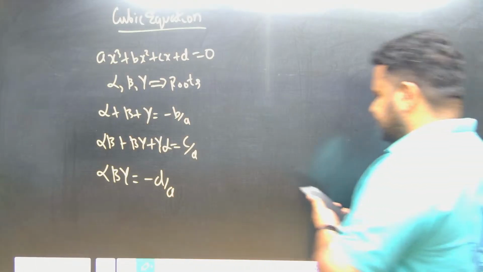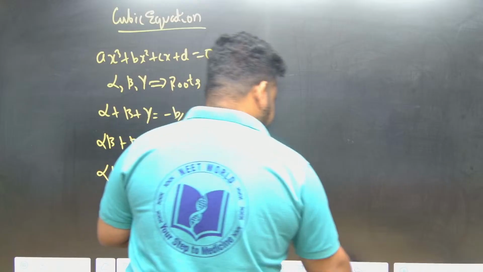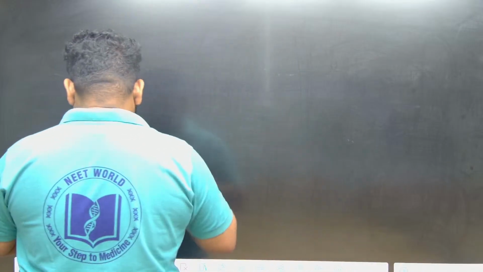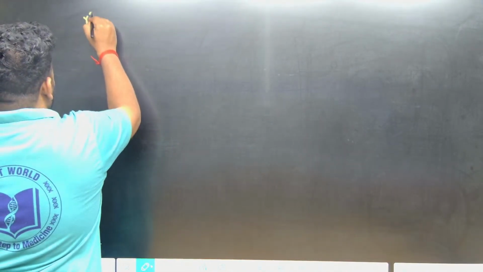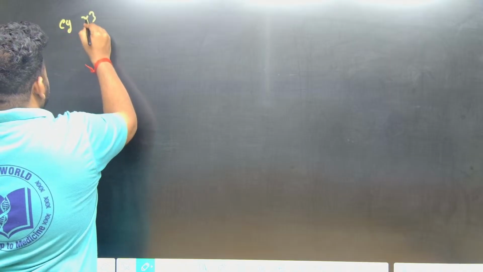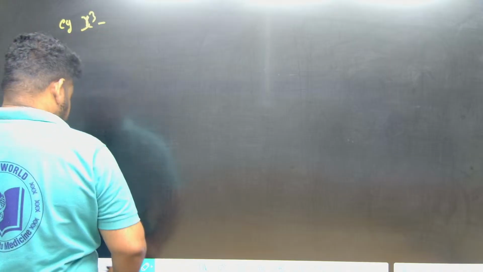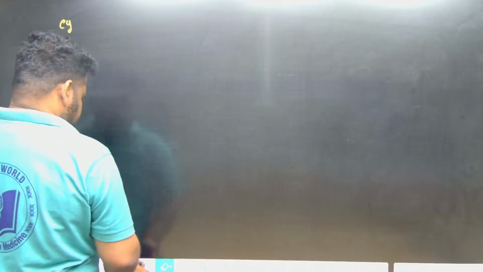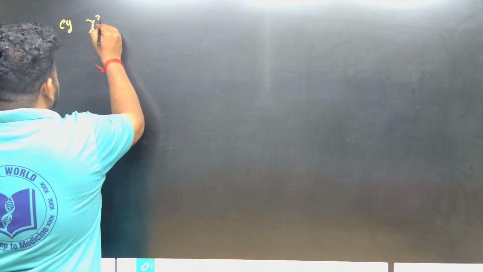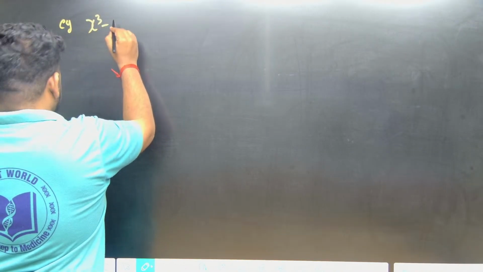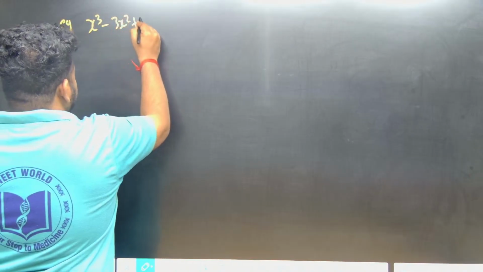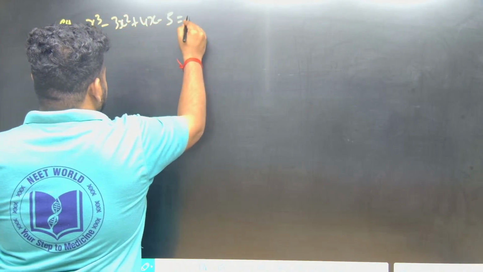Suppose they give a cubic equation like x cube minus 3x square plus 4x minus 5 is equal to 0.